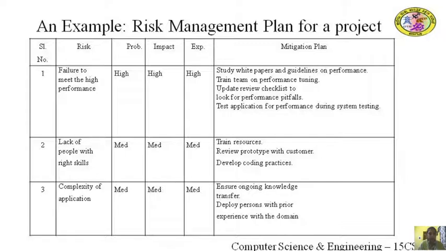Risk number 3 is the complexity of application, which has the probability of occurrence as medium, impact as medium, and exposure as medium. The mitigation plan for this risk is to ensure ongoing knowledge transfer, to deploy persons with prior experience with the domain.